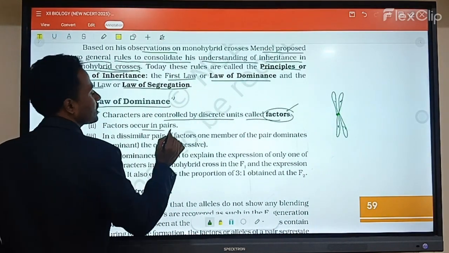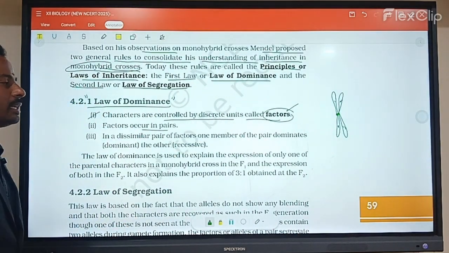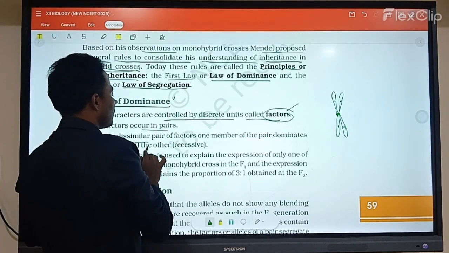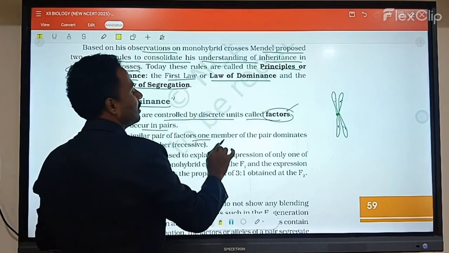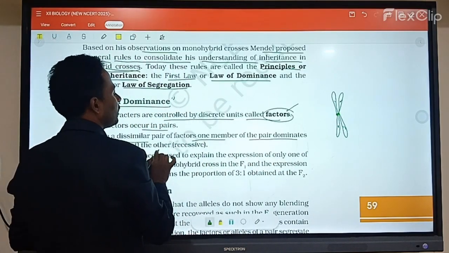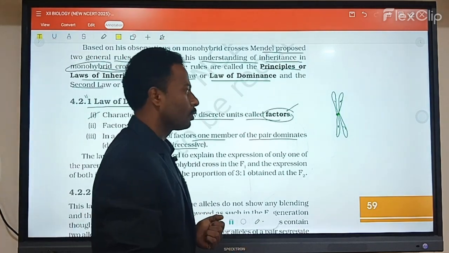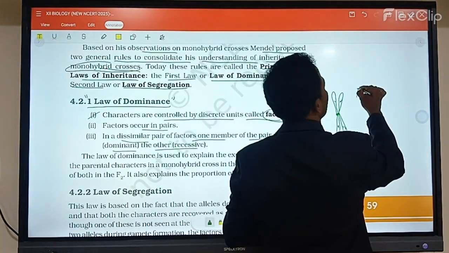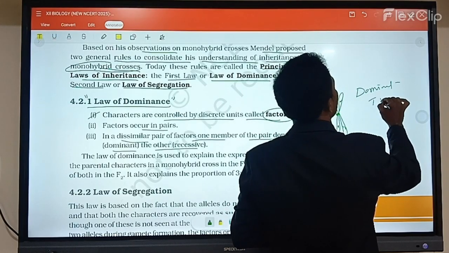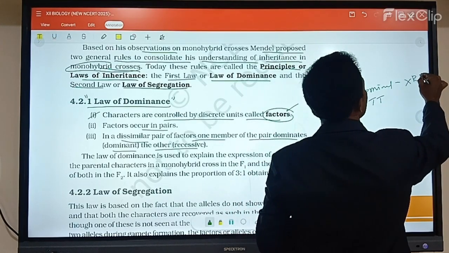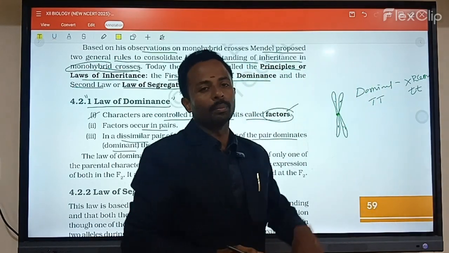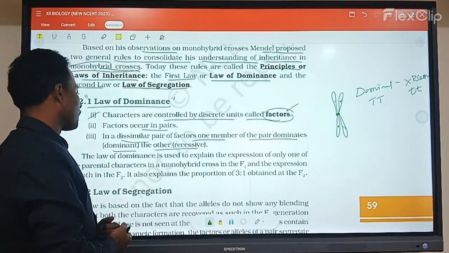The factors occur in pairs, and in a dissimilar pair, one member is dominant and the other is recessive. As we saw before, one is dominant, capital T, and the other is recessive, small t. So it is one pair.